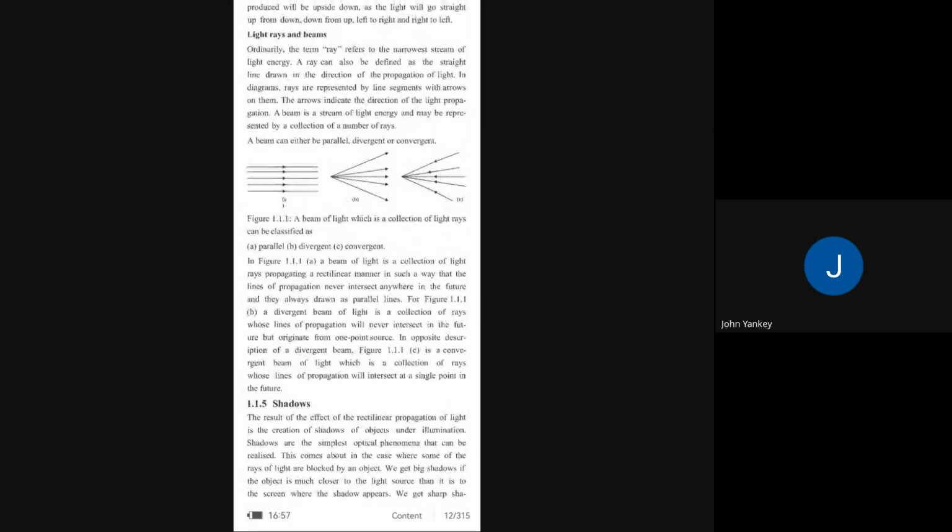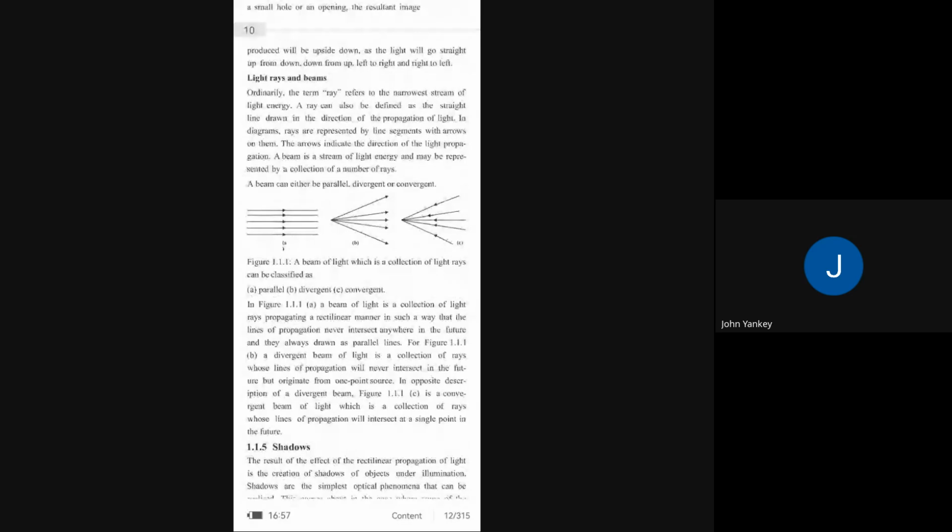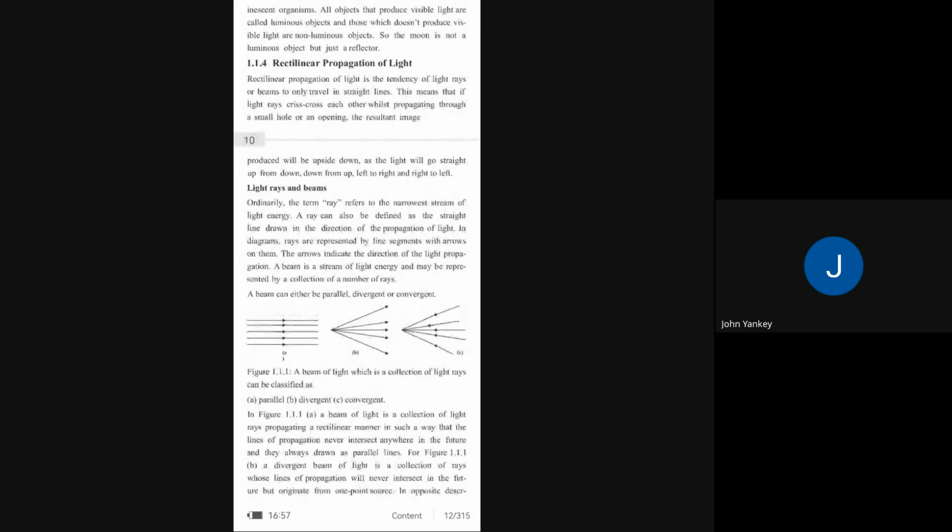A collection of these rays is called a beam. So a beam comes from a torchlight, right? A bunch of light energy moving together is called a beam. But a single light energy, we also call it a pencil of light, or a ray of light.